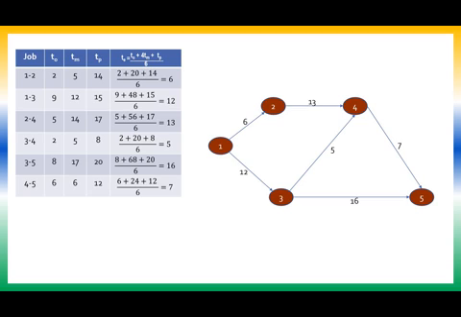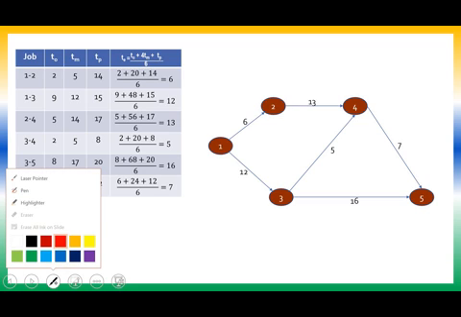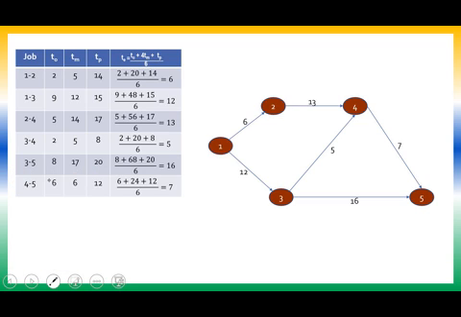Now I am drawing the network diagram. So in the network diagram, 1 to 2, I am joining a line with duration 6. Then 1 to 3, I have an activity with duration 12.